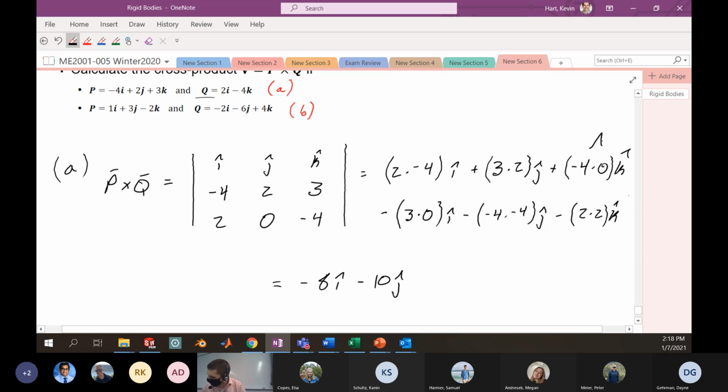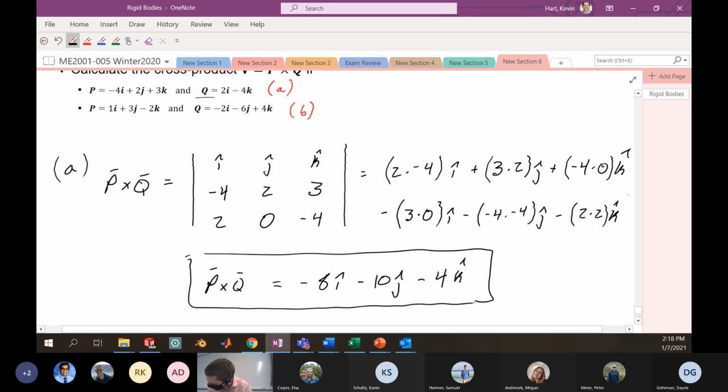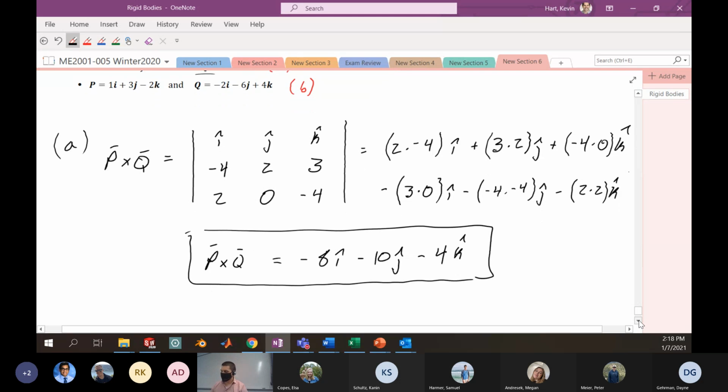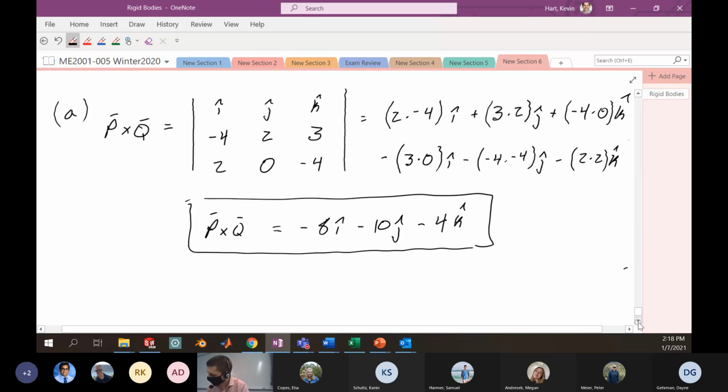And then here I have a negative 4 times 0, which obviously is 0, minus 2 times 2, so it's going to be minus 4k hat. So this would be my final answer here. That's how we use this determinant technique.